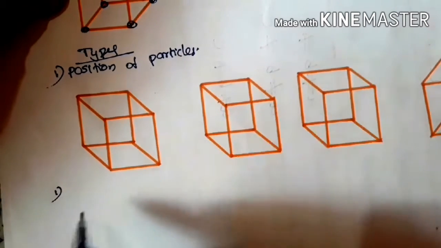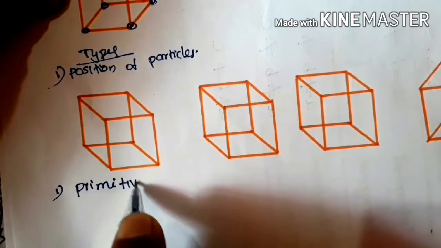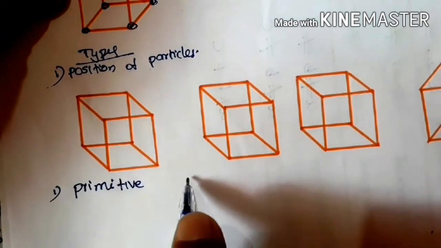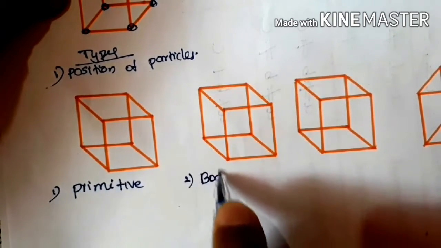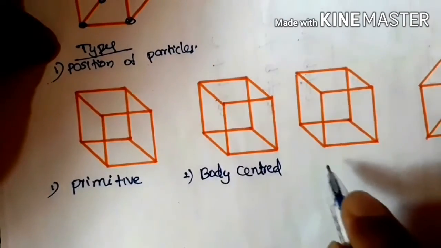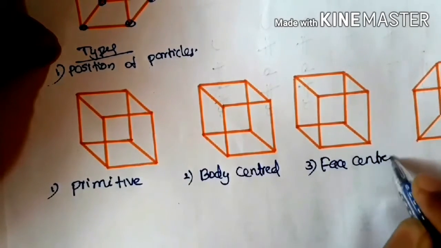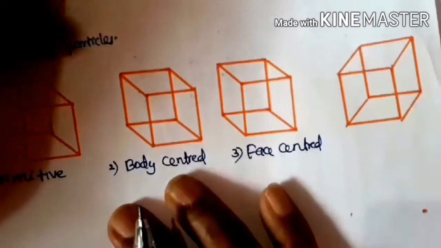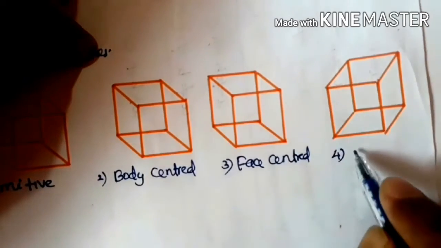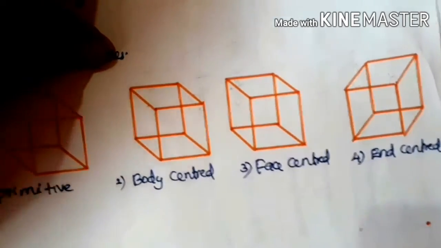They are mainly, first one, primitive unit cell, second one, body centered unit cell, third one, face centered unit cell, and the last one, end centered unit cell.